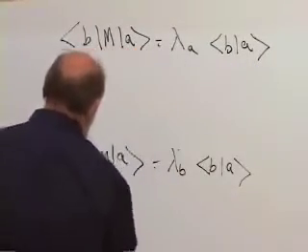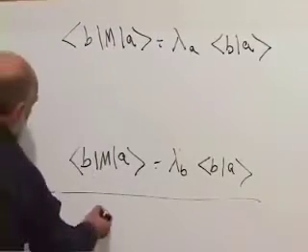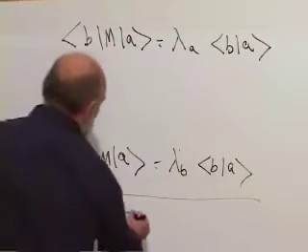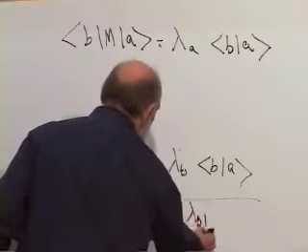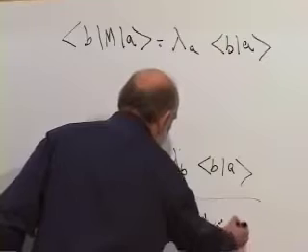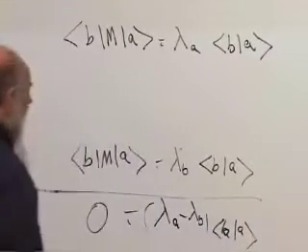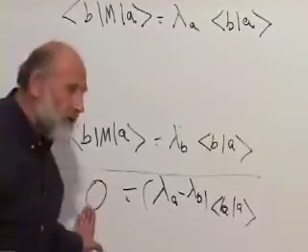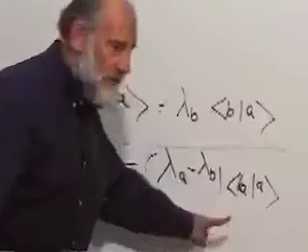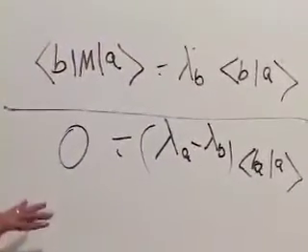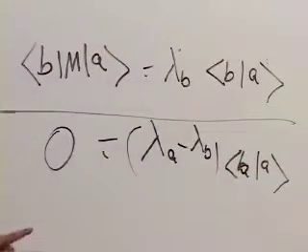In other words, let's subtract these two equations. On the left-hand side, we get 0. On the right-hand side, we get lambda A minus lambda B times BA. If a product is equal to 0, that means one or the other factor is equal to 0.